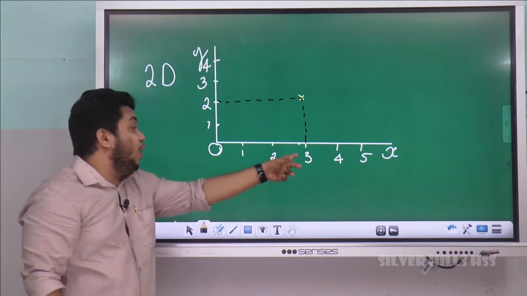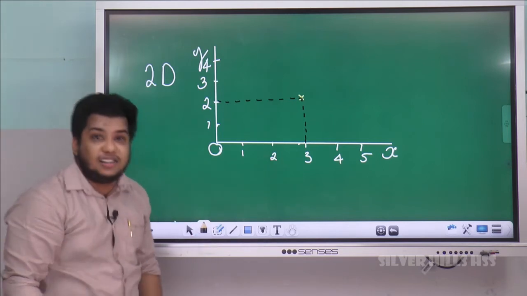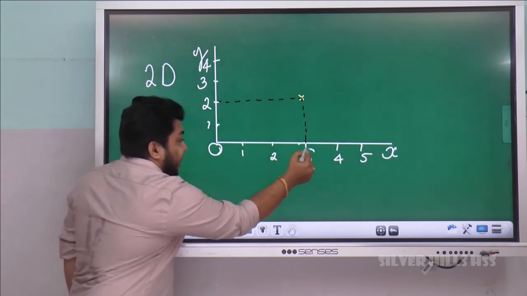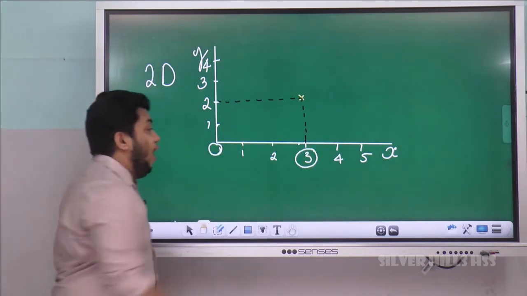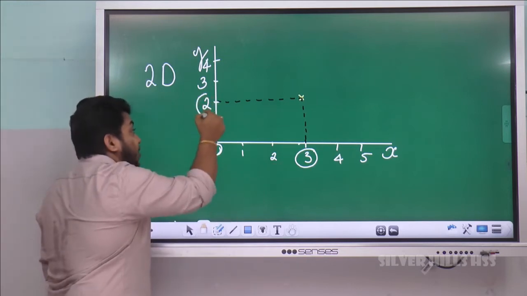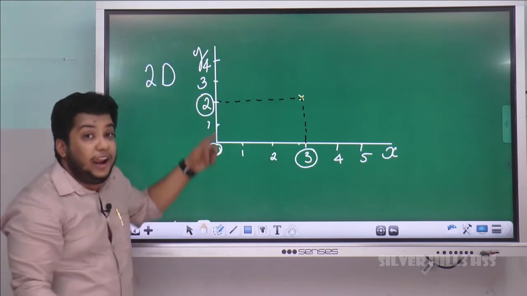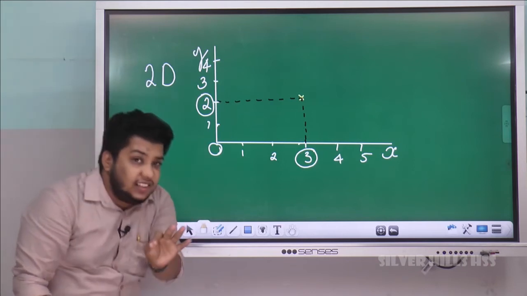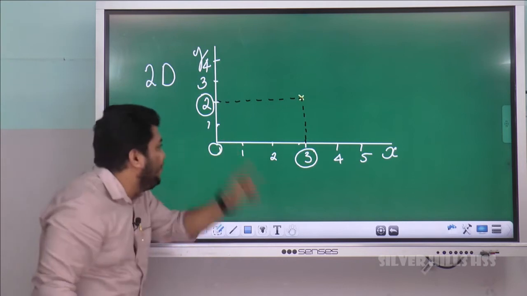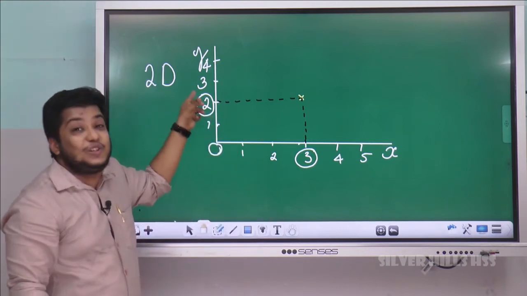The point of intersection should be marked. That means on the x-axis the point is 3, and on the y-axis the point is 2.